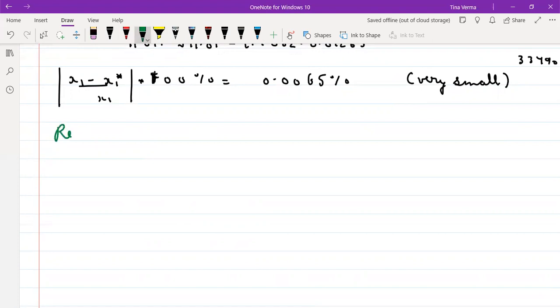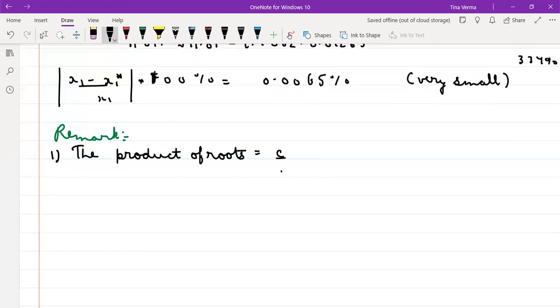So you can notice one remark over here. Since you know that the product of the roots is equal to c by a when you do x square plus minus sx plus p. So product of roots is c by a.